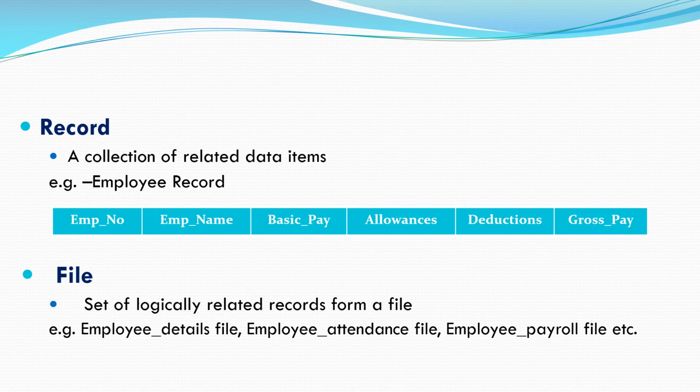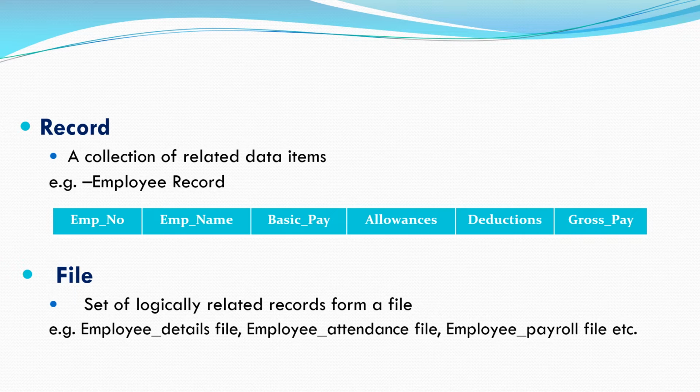So these records are stored in a file, whereas a file is a set of logically related records. For example, if you want to store employee details, we'll create an employee details file. If you want to store employee attendance, we'll create a separate employee attendance file.